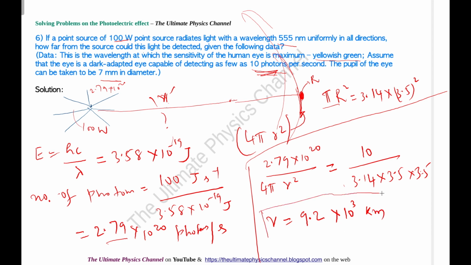Such a large distance, or 9.2 into 10 power 6 meters. That is the distance at which about 2.8 into 10 power 20 photons reduced to about 10 photons. The distance is about 9.24 into 10 power 3 kilometers. Right. So let's move ahead to the next problem.